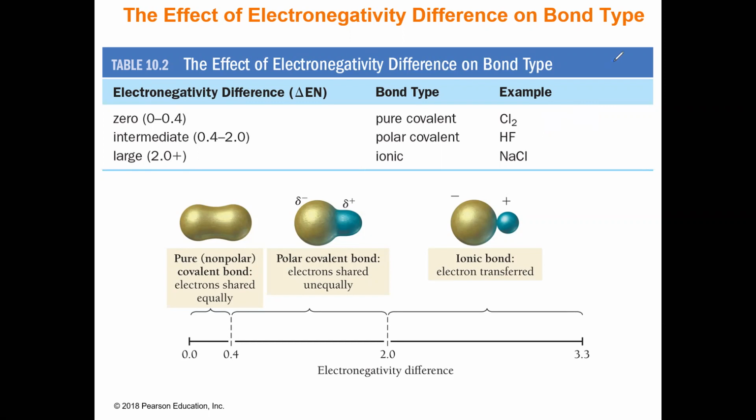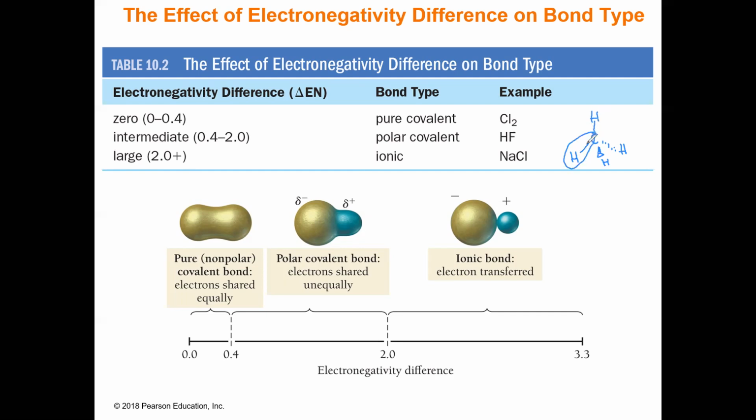Let's look at another example. Let's look at if we had methane. That is when we have CH4. Now we need to see if we actually have enough electronegativity difference between each of these bonds.